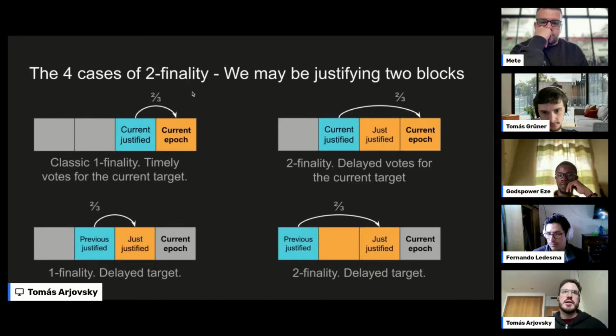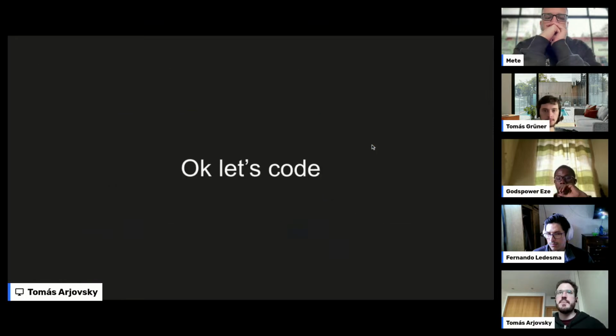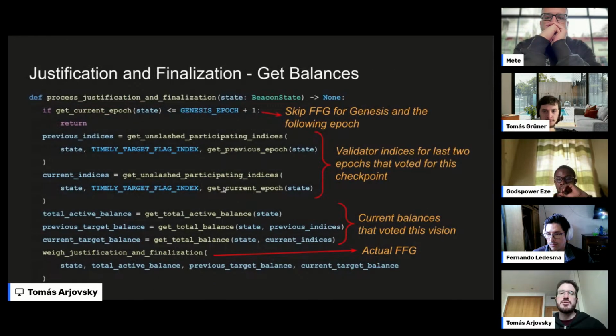Let's go back here. It's very easy to see if here we have 2/3 of the stake. But what about here? If I want to justify this, how do I know this was 2/3 of the stake? Well, there's an approximation that we use where we say, hey, the last time and this time, the total balance is the same.